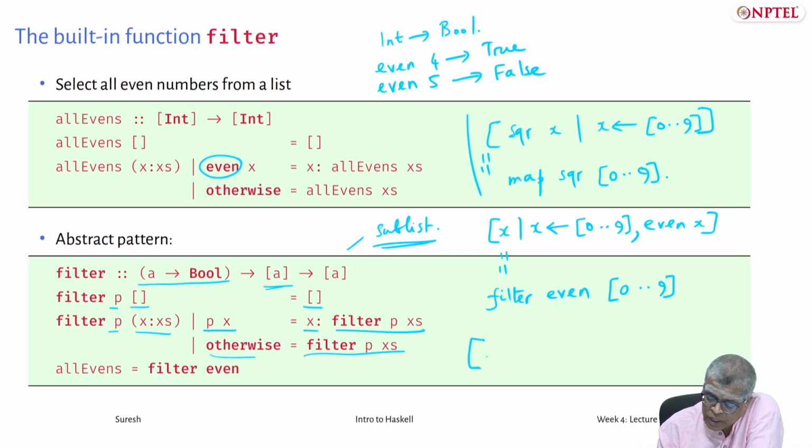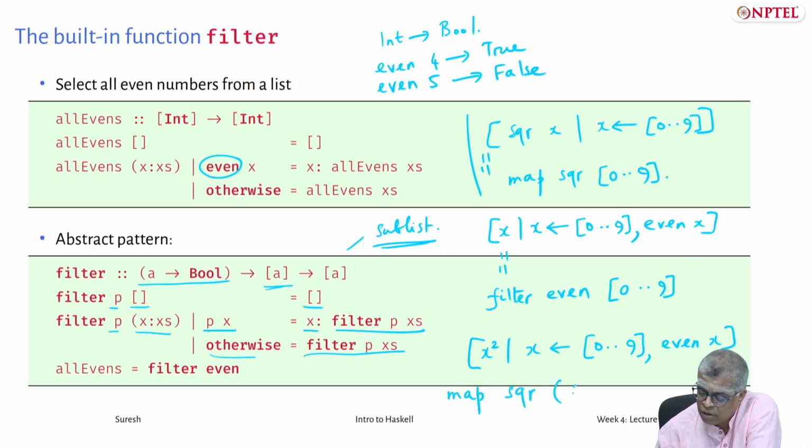Sometimes you have a combination of map and filter in list comprehension. I might want to do x squared such that x comes from 0 to 9 and x is even. And this I would say is map the square function on filter even.